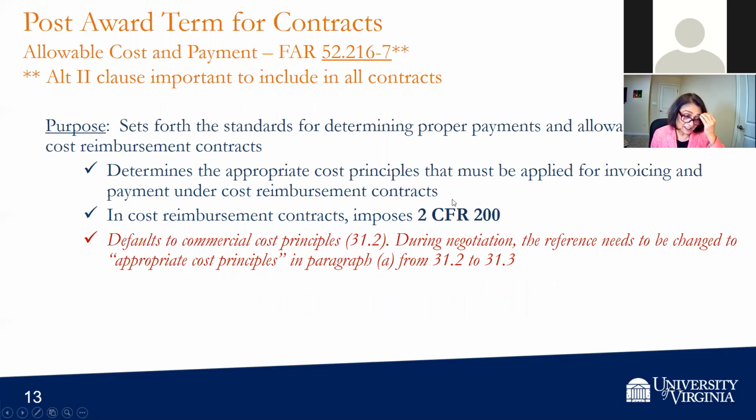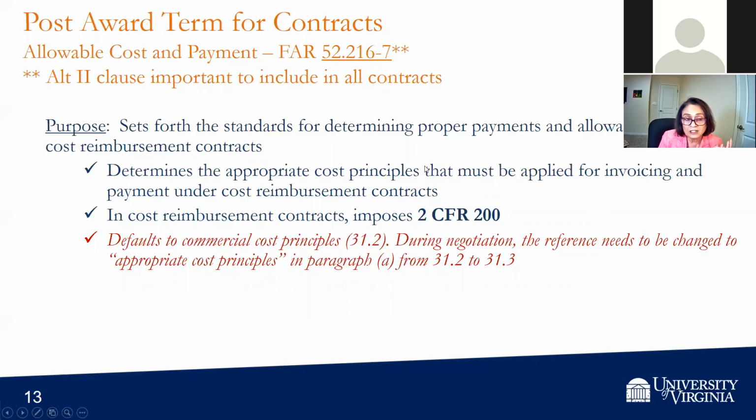So this is the FAR clause that we should have ideally on all our federal contracts. This is FAR 52.216-7, Alt 2. Once we have this clause within our contracts, then we know that we can say, hey, we have to follow the uniform guidance, 2 CFR 200.